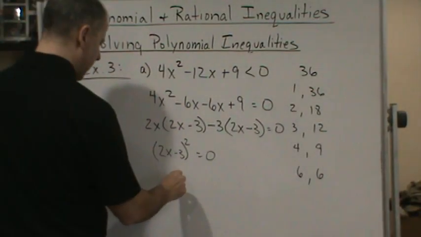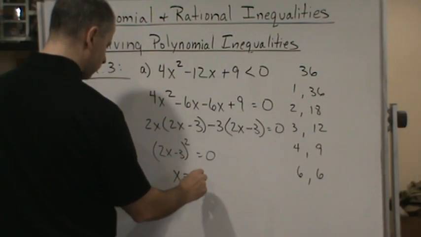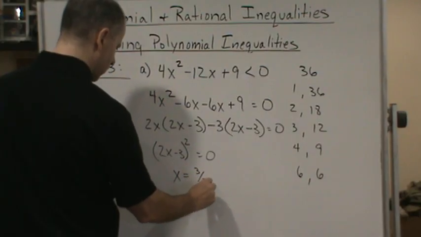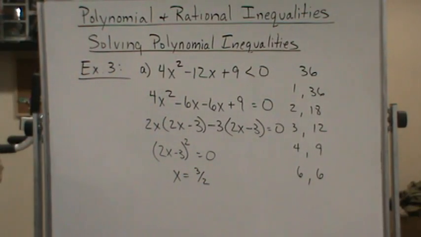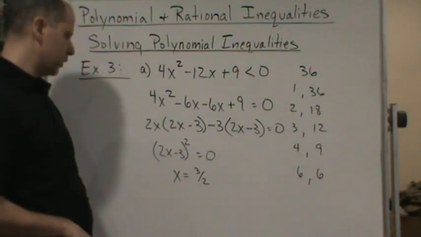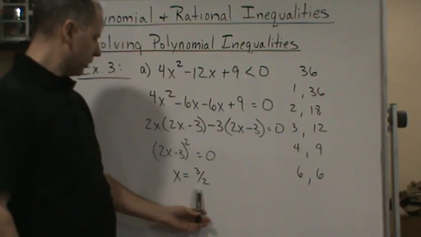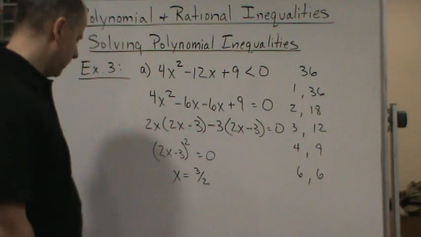And so that means we have a solution, x equals 3/2. And notice that this 0 has a multiplicity of 2. But anyway, this is our boundary point.